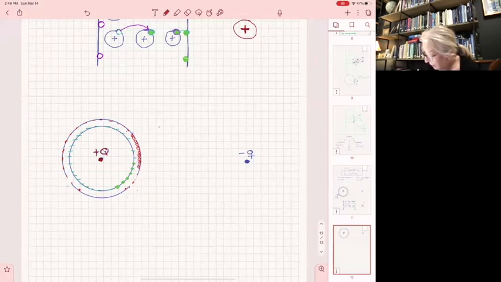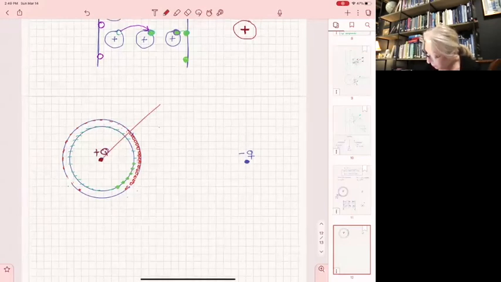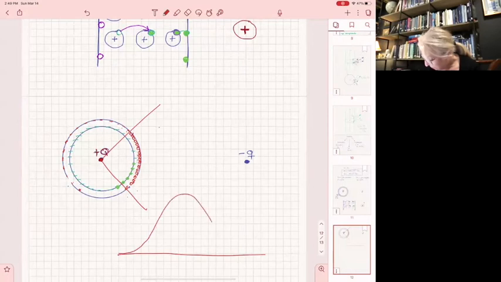If you look at the distribution of the holes, of the charge, from say this point to that point, what you're going to see is like a Gaussian distribution, where the peak will be around this axis.